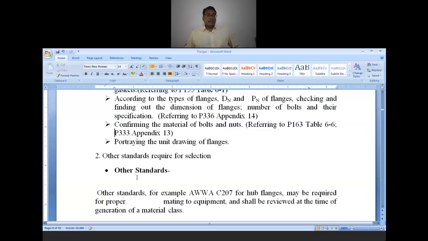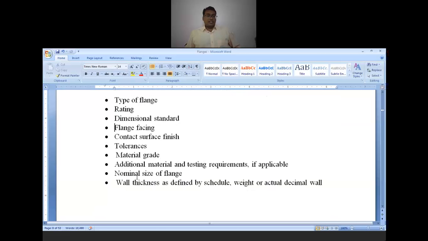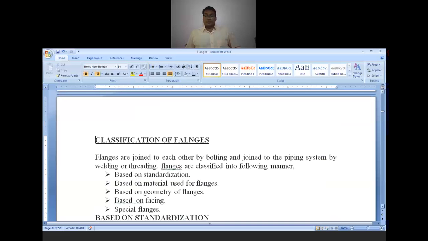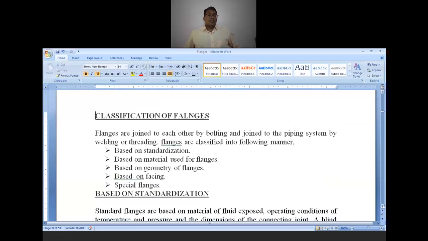Then the types of flanges, the classification of flanges. The flanges are classified based on the standardization, based on the material used, based on the geometry of the flanges, based on the facing and the special flanges.